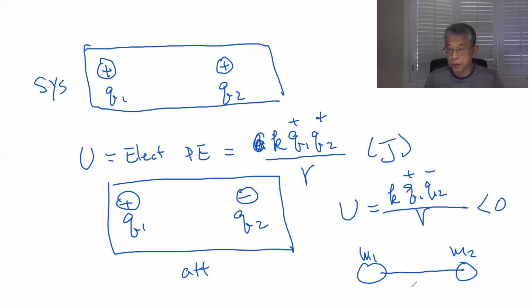So this is also an attractive force between the two masses, and this U will also be less than zero. So it is consistent that whenever you have two things attracting each other, physicists like to define the potential energy as negative. All right, so that is the potential energy for both mass and static charges.